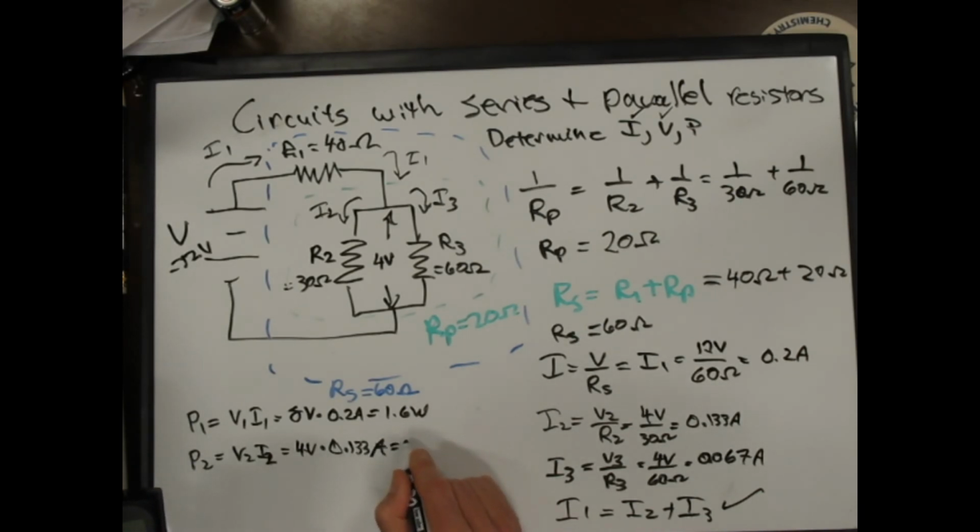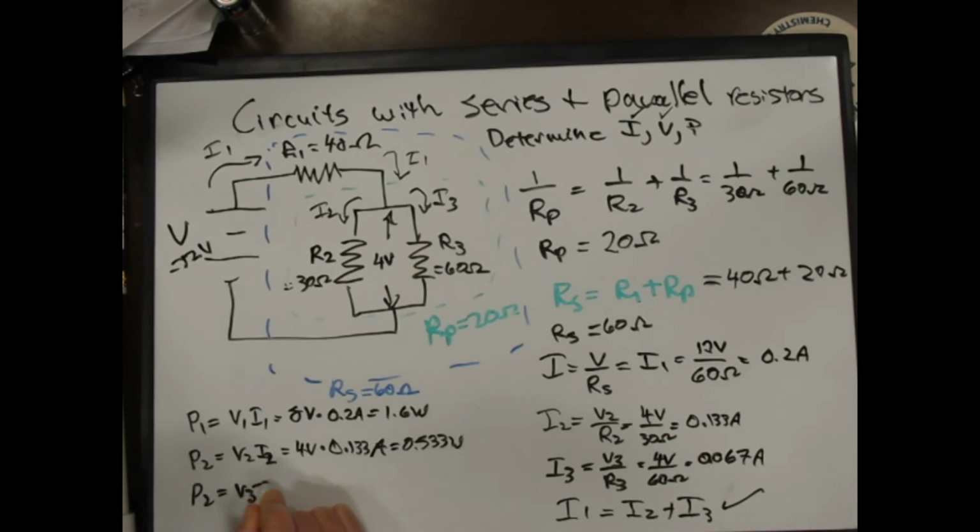which is 0.533 watts. Let me just check that. Yep. And then P3 is equal to V3 I3, which is equal to 4 volts times 0.067 amps, which is 0.267 watts.